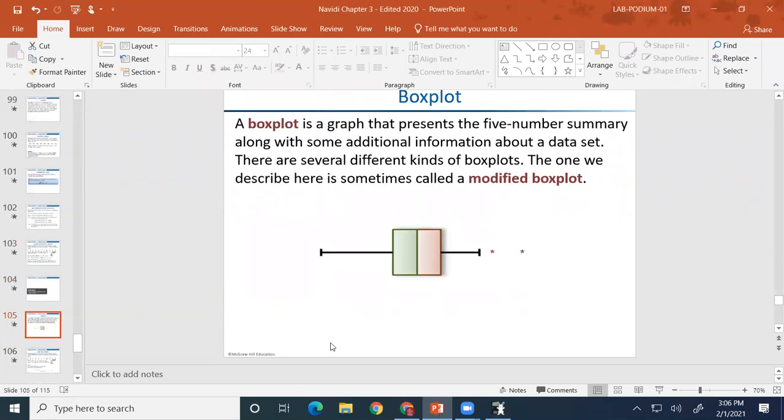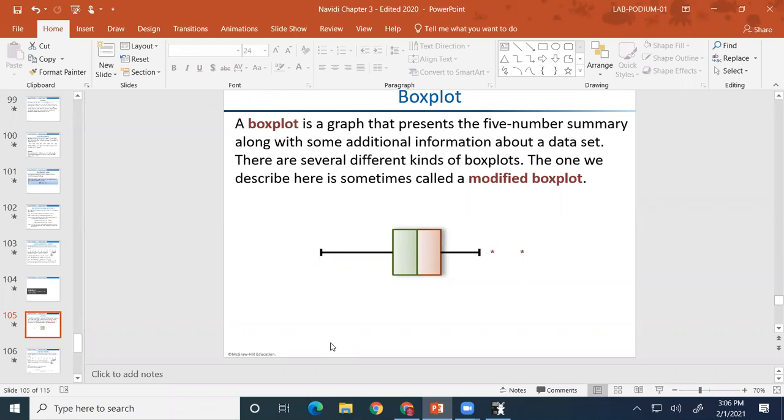All right. So the box plot, the way that it works is the one in the middle is the median. This is your Q1, this is your Q3. This will be your lowest value, your highest value, and then these right here would be those outliers. Anything that's identified as an outlier is a star.